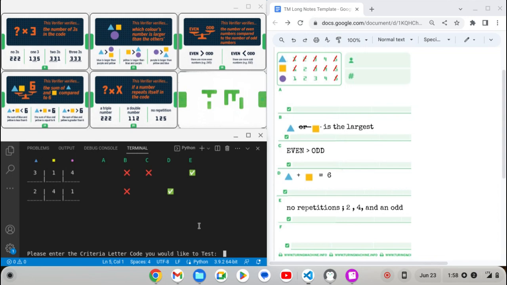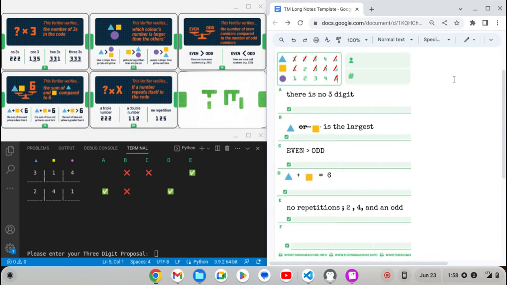So let's go ahead and test A. Okay, so it does approve of there not being a 3. So that's what I'll write down in my section A. There is no 3-digit.